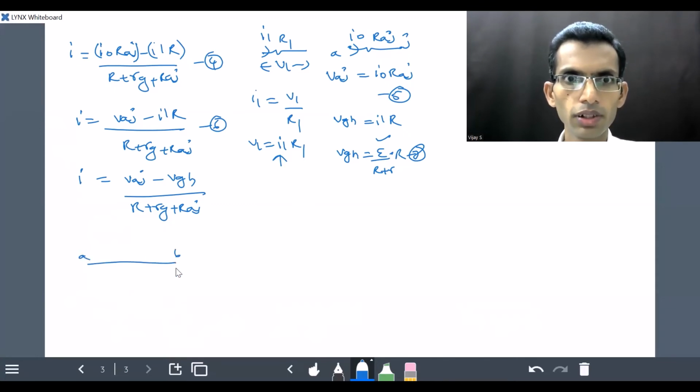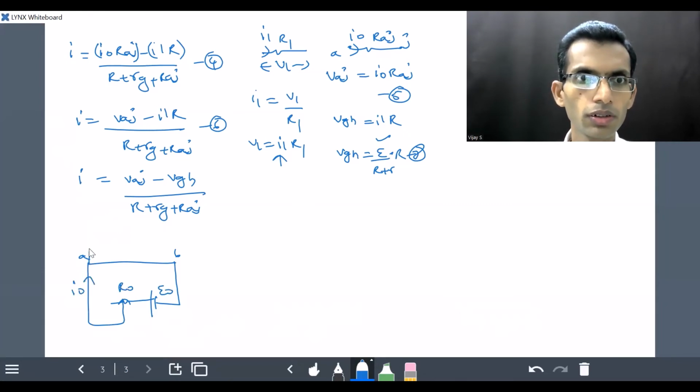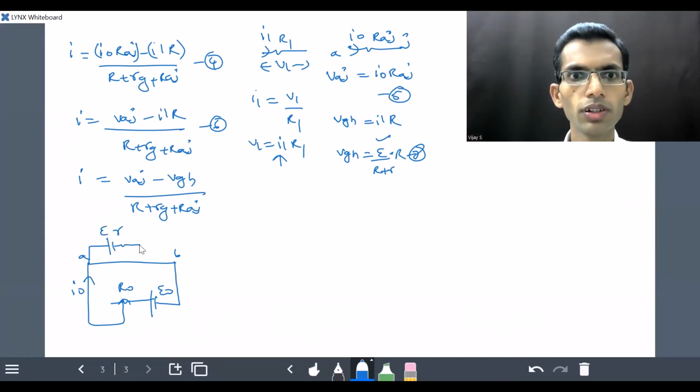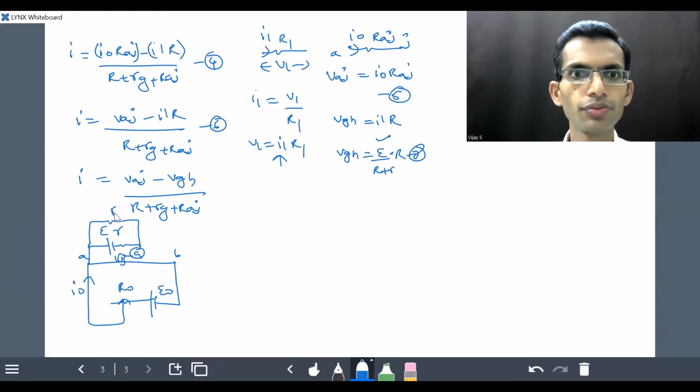So for case 2, this is the main circuit. Here the cell and galvanometer are in series, and this comes across the cell.